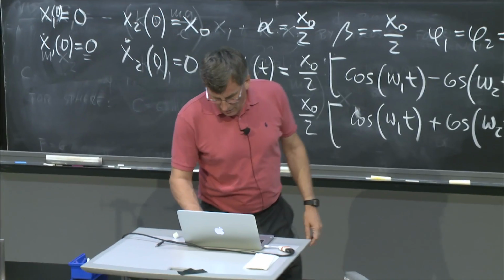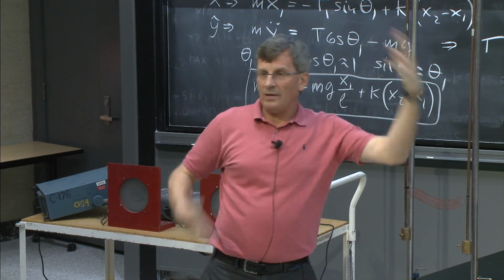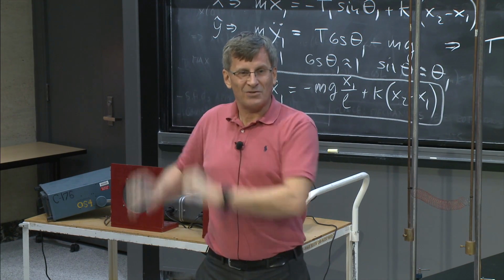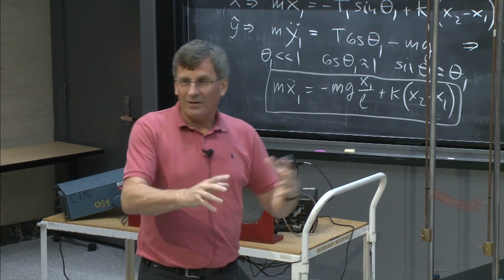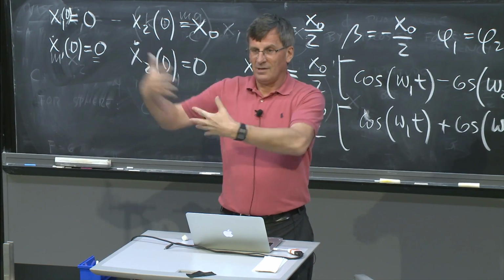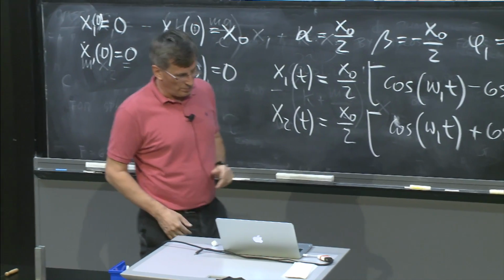And on the moon, however, the oscillations actually look really weird. This is an example of one of them. The two frequencies are so far apart that it's really not even a nice oscillatory motion. It's much less obvious that this is a superposition of two cosines because they're kind of exactly out of phase, etc. So the motion is complicated.